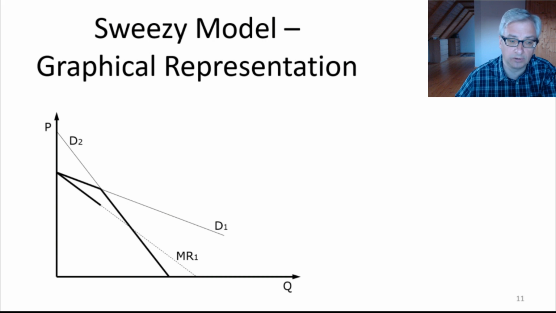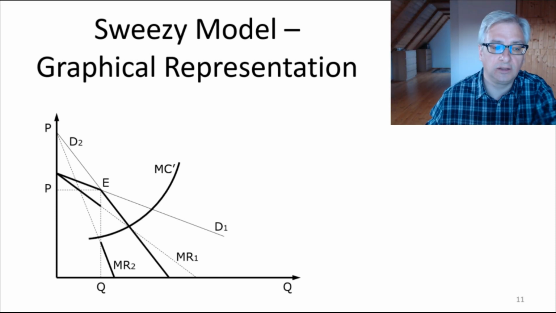The first marginal revenue is the product of D1, and the second marginal revenue is the product of D2. As you can see, there is a gap here, and if your marginal cost is located in this gap, then you will be tempted to produce at point E, meaning you will produce this quantity and you will charge this price here.